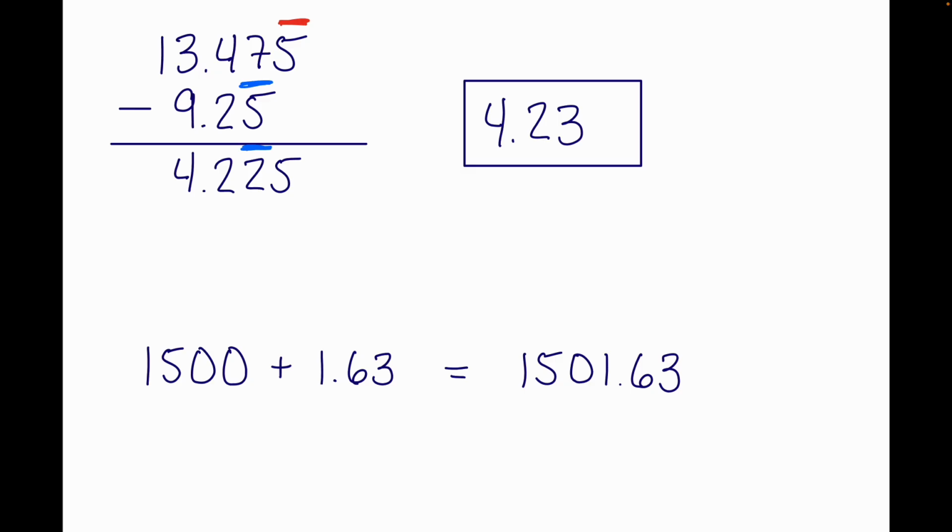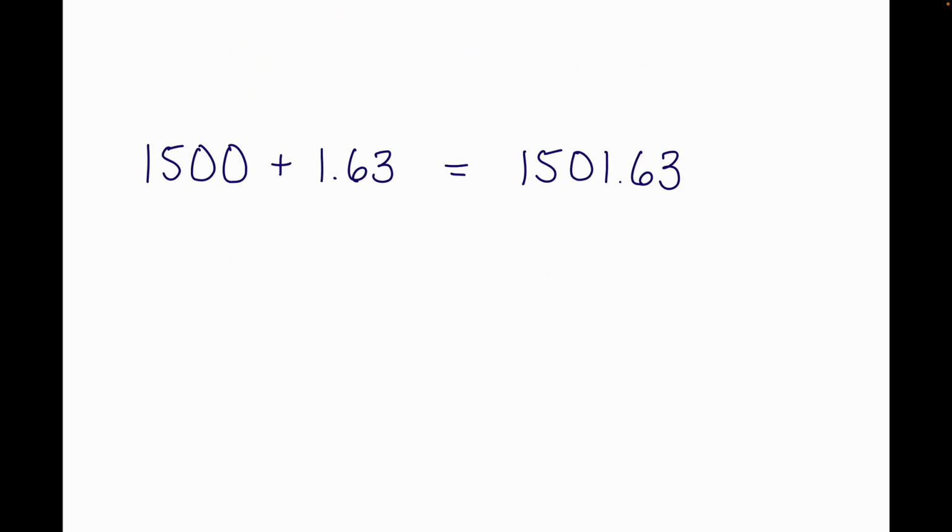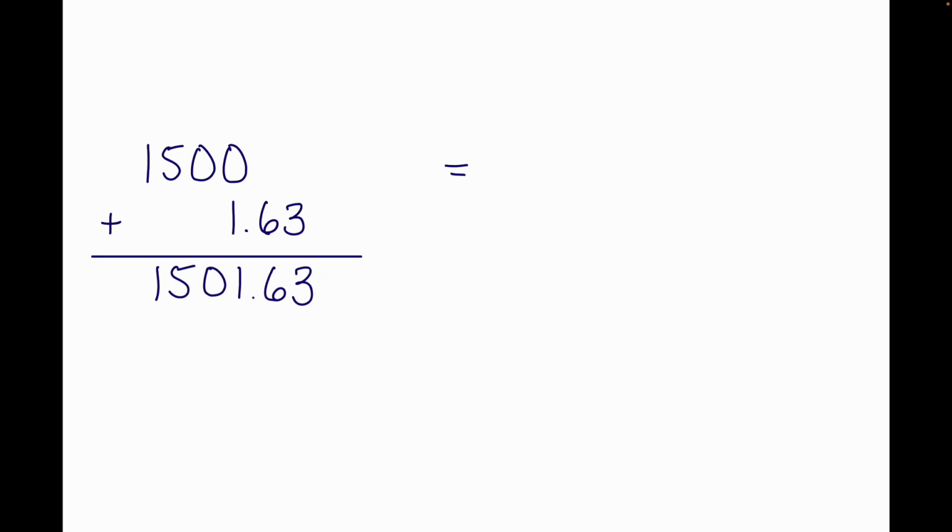But now I'm going to rearrange this. I don't have a decimal explicitly represented in this number, but I know where it is. Okay, let's move this over. And now my answer, lining that up at our decimal. Boom.